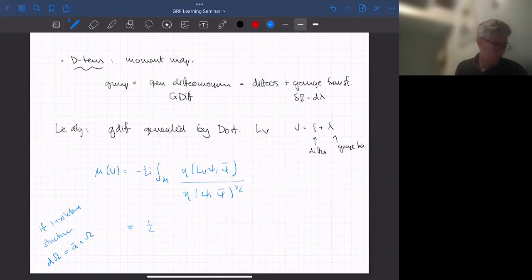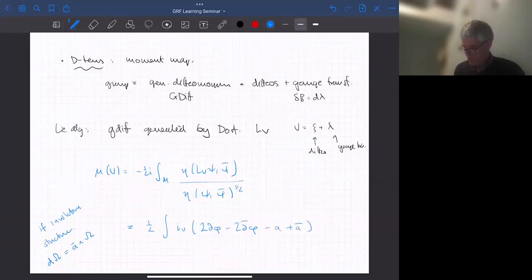And then what happens is that this thing becomes some integral of IV, and then you have some 2 derivative of phi minus 2 del bar of phi minus A plus A bar times omega wedge omega bar. And then you get another term, which is 2 lambda wedge d eta minus 2 phi omega wedge omega.